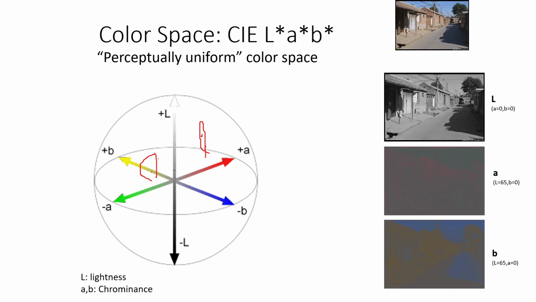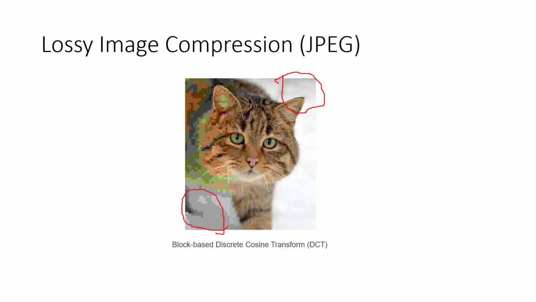So here the JPEG format will convert the RGB space into YCbCr space, crop the Y channel into 8 by 8 patches, apply the DCT transform, quantize, and then do Huffman coding to generate a sequence of data.